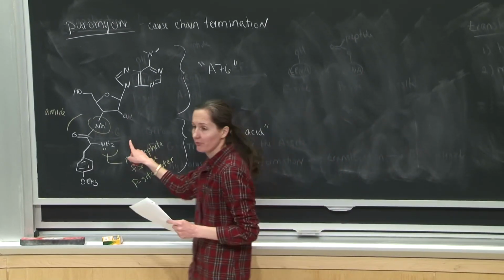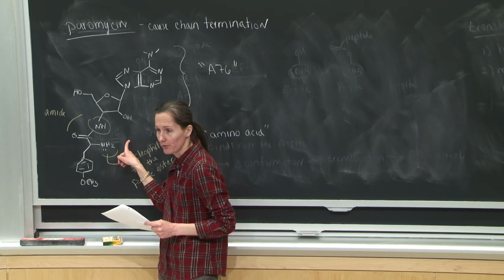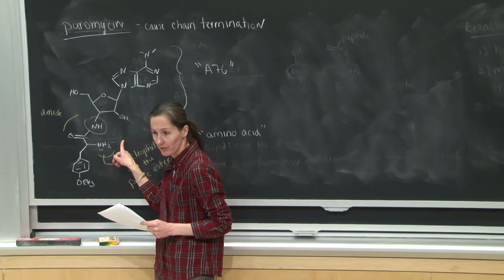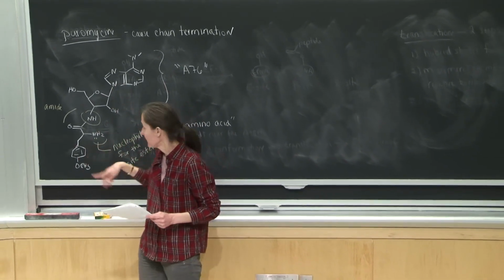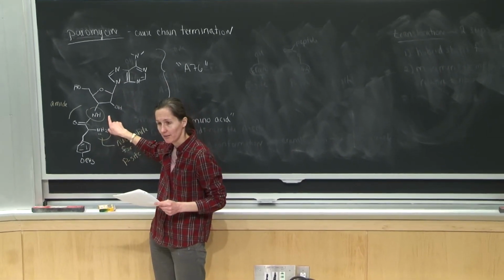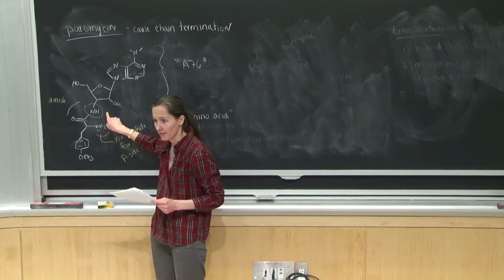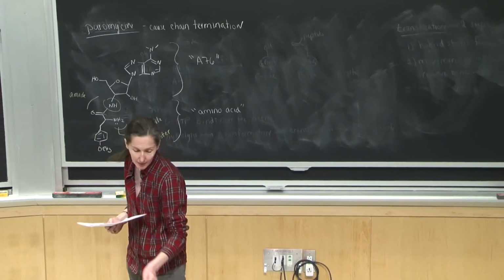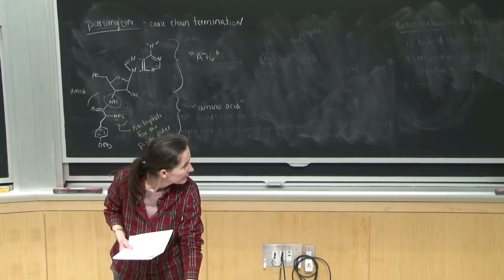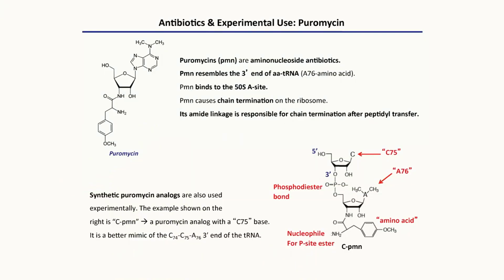There's a nucleophile that will allow for chain transfer, such that the peptide on the P site tRNA gets transferred, but then what? We're stuck because of this amide bond here. So effectively, chain termination.